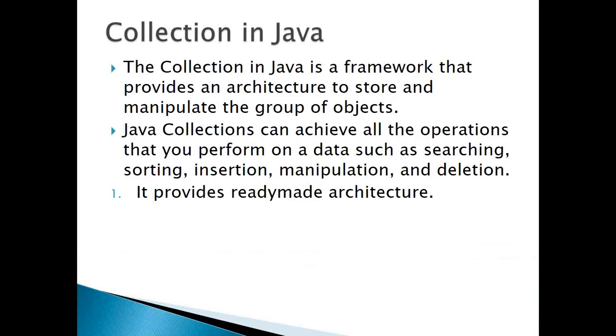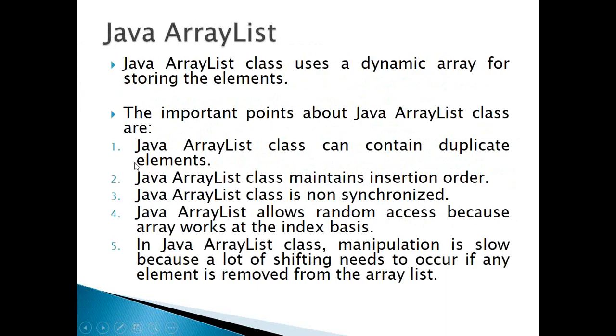We can do whatever we want in the collection framework. You can perform all operations on data, such as searching, sorting, insertion, manipulation, deletion. Obviously you can perform all the CRUD operations. So this is about the collection framework.